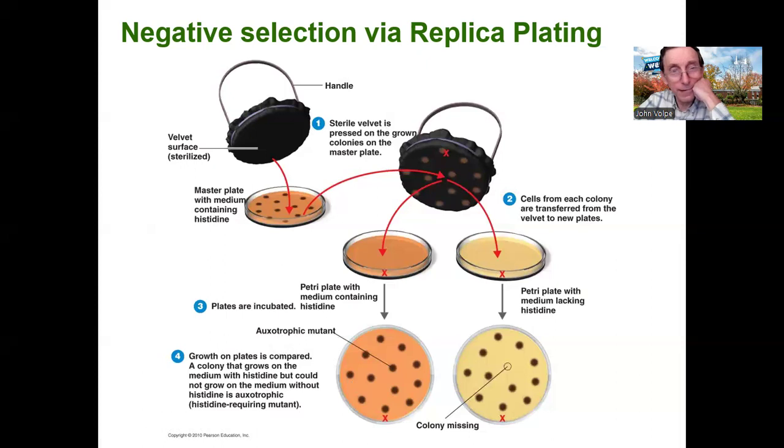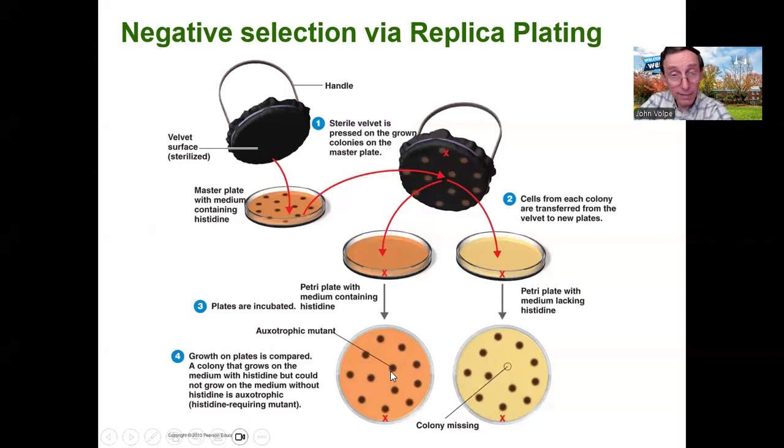That's not quite correct. That looks like these three here are these three here. The point being that that one there comes from that stamp there. And you'll notice that there's a colony here on this plate with a media containing the amino acid histidine, and it is absent in this plate in a media lacking the amino acid histidine.